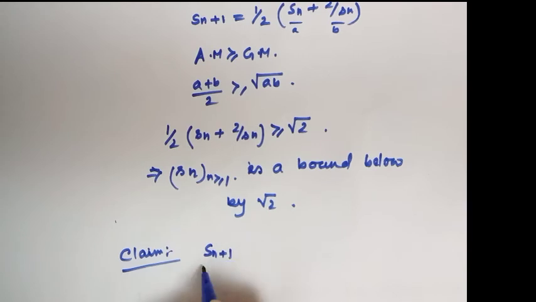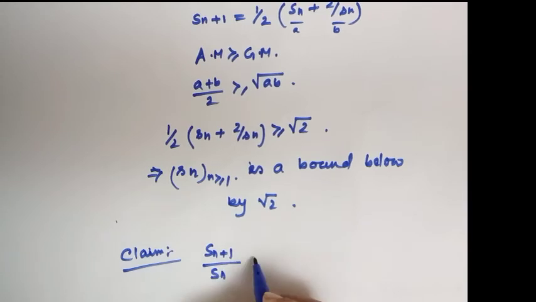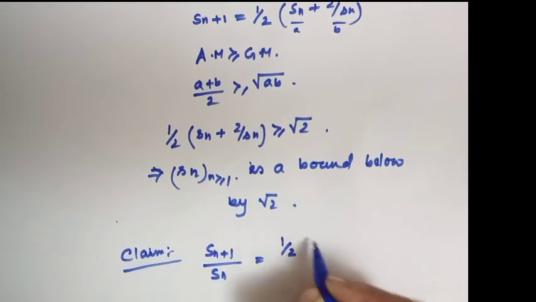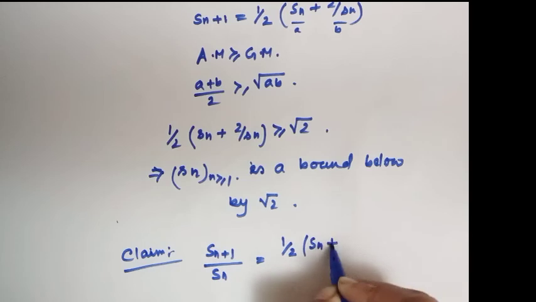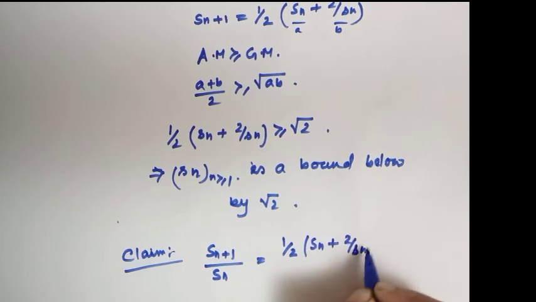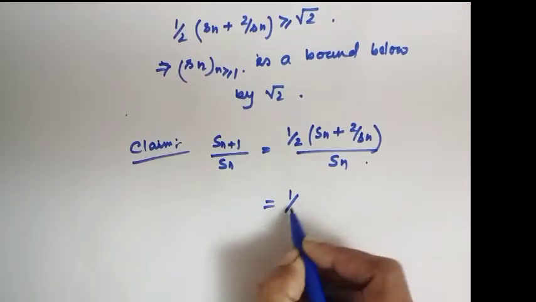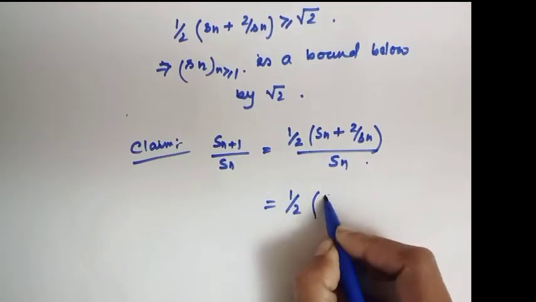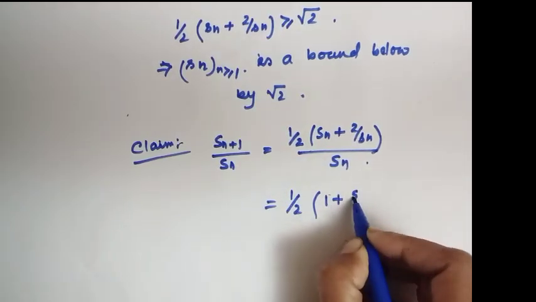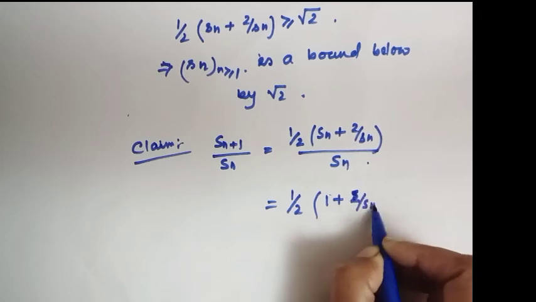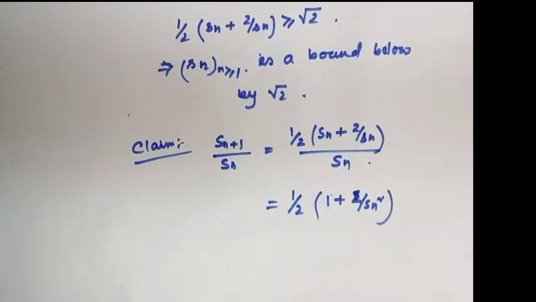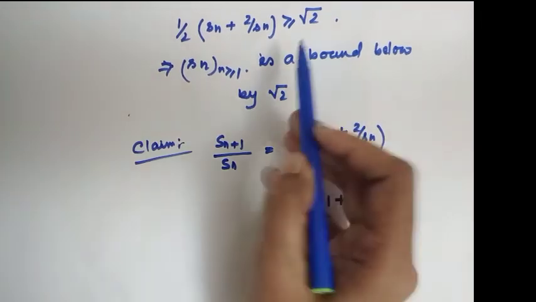S_{n+1} over S_n equals 1/2 (S_n + 2/S_n) over S_n, which is equal to 1/2 (1 + 2/S_n²).